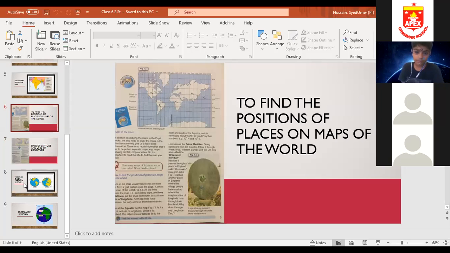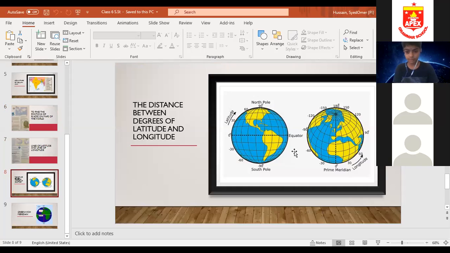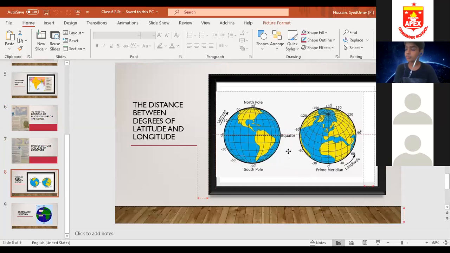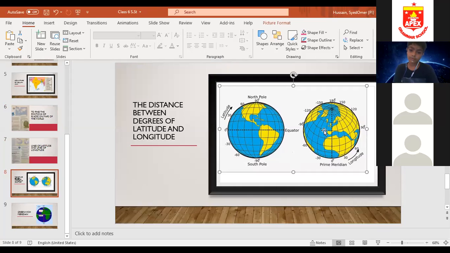If we look at this picture, these are the lines of latitude, stretching from left to right, and these are the lines of longitude, stretching from top to bottom. They have shown it in a vertical way, but basically they are stretching from left to right.